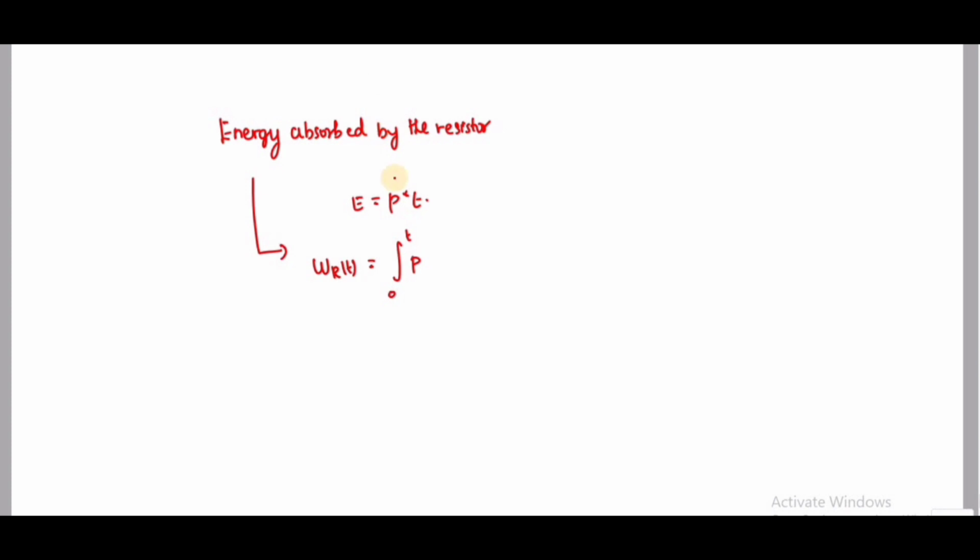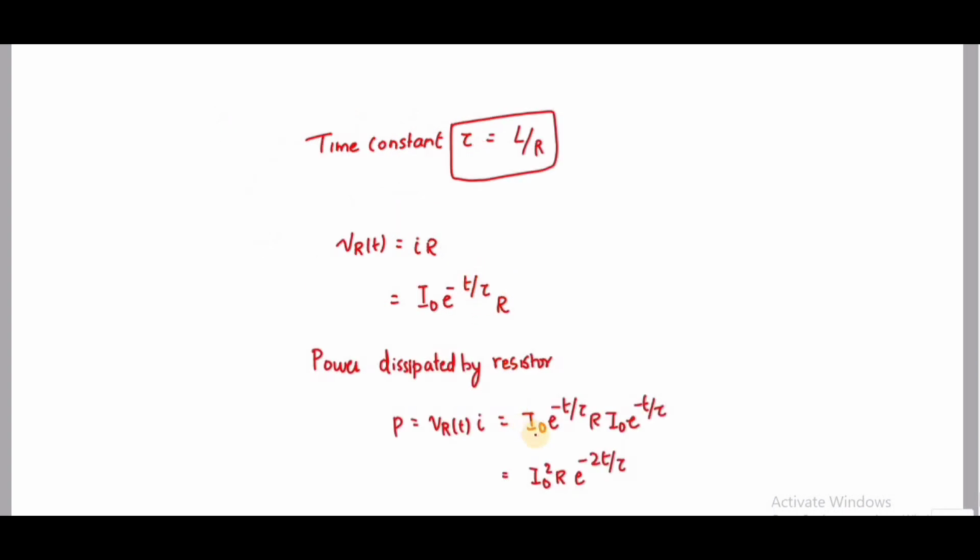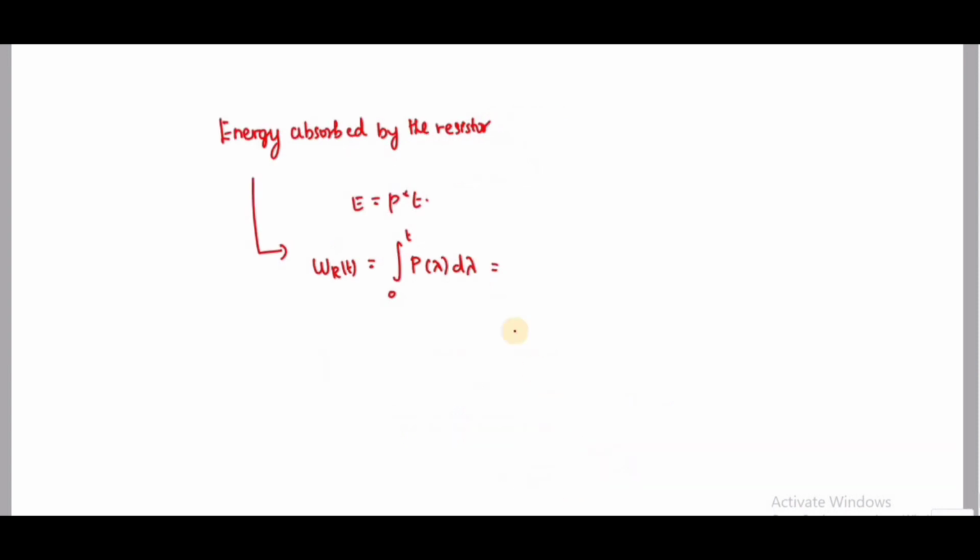So what is the energy absorbed by the resistor? If I want to find the energy absorbed by the resistor, WR of t, that is the energy absorbed by the resistor, is equal to the integration from 0 to t of P of lambda d lambda.